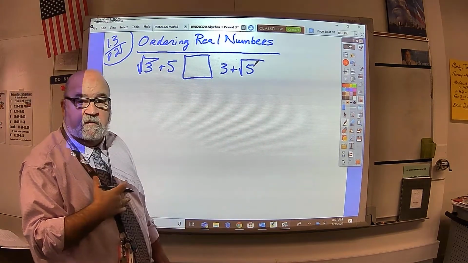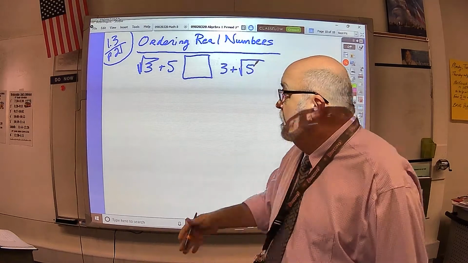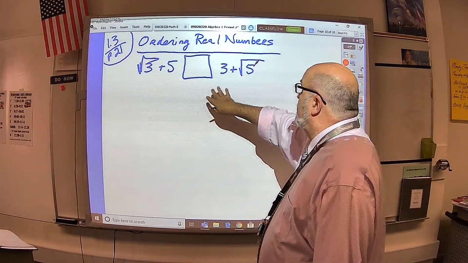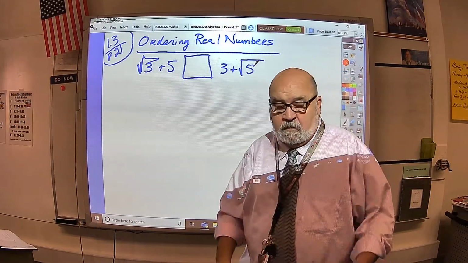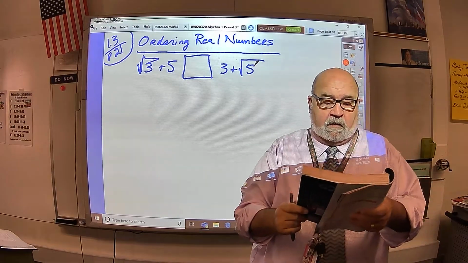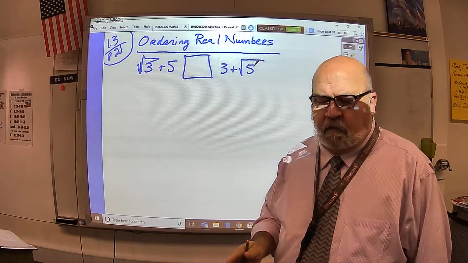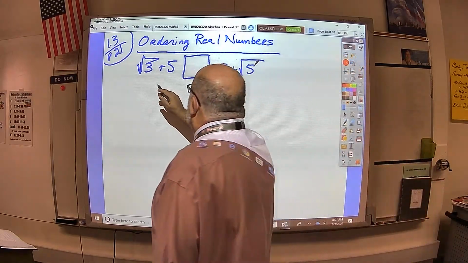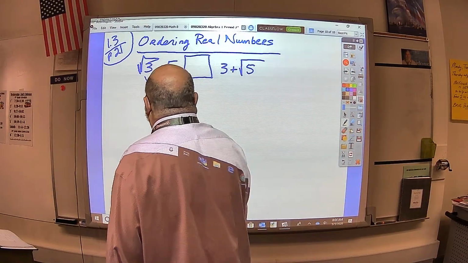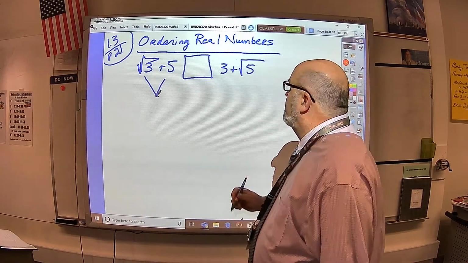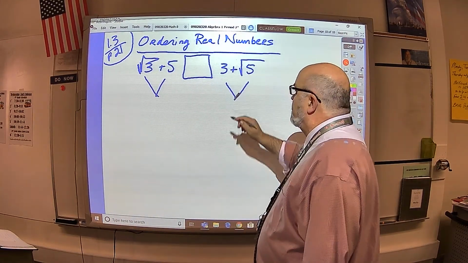Now we can see that these are different, because here the square root is 3 and here the square root is 5. So we're going to talk about a little bit of approximation for ordering these totals. We need to have an idea of what each of these is.